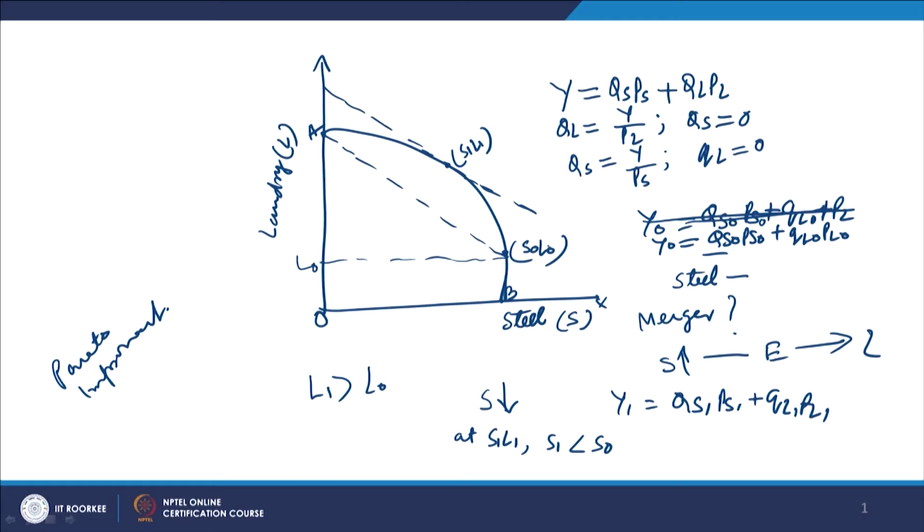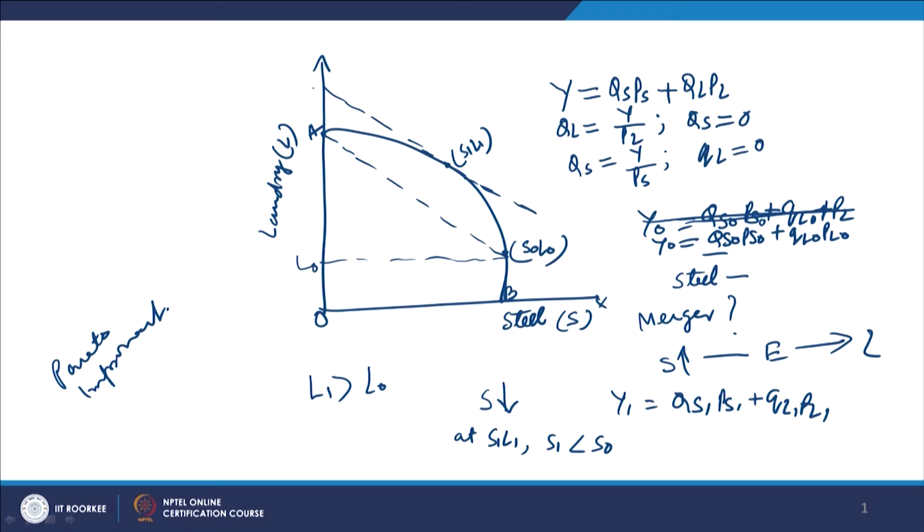But when the two firms merge together, the steel mill will also take into consideration the interest of the laundry production, and this new line will be y1 equal to Qs1 Ps1 plus QL1 PL1, and that will be parallel to the initial line, that is A S0.